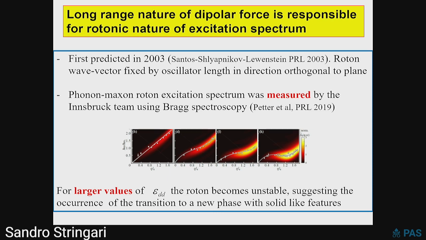In particular, if you increase the size of the dipole interaction, you favor the formation of this roton minimum, which becomes smaller and smaller, and eventually becomes unstable, giving rise to what is called a roton collapse, and suggesting the idea that for larger values of the interaction parameters, you can reach new quantum phases. This brings an analogy with the physics of liquid helium, where we know that the minimum in the roton excitations is a precursor phenomenon of the solid phase at larger pressure.